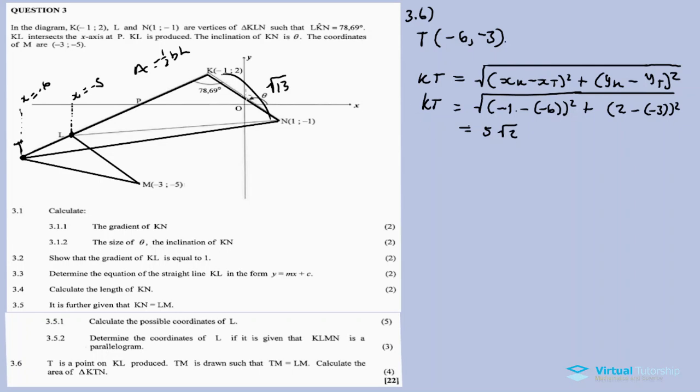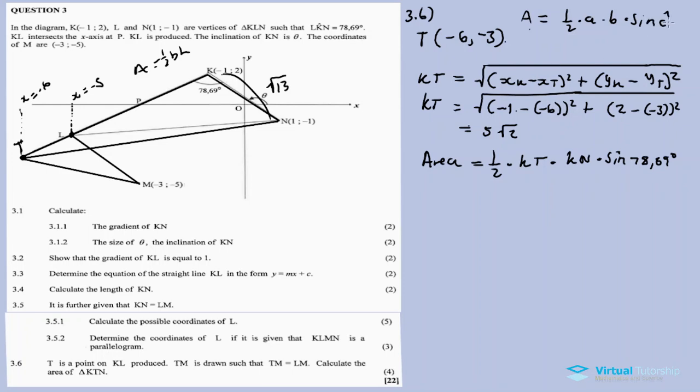So now we have KT, KN, and an angle between the two lengths. So the area now is half times KT times KN times sine of the angle, 78.69 degrees. Voila. Remember, the area rule says area is equal to half times a times b times sine c, right?